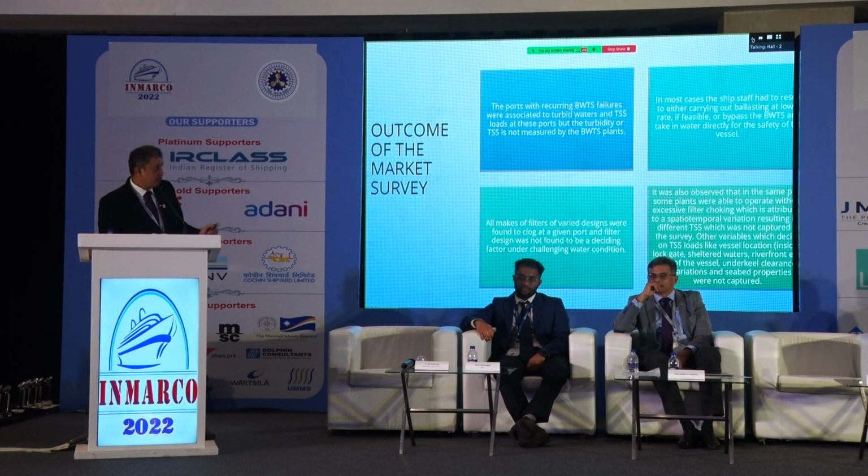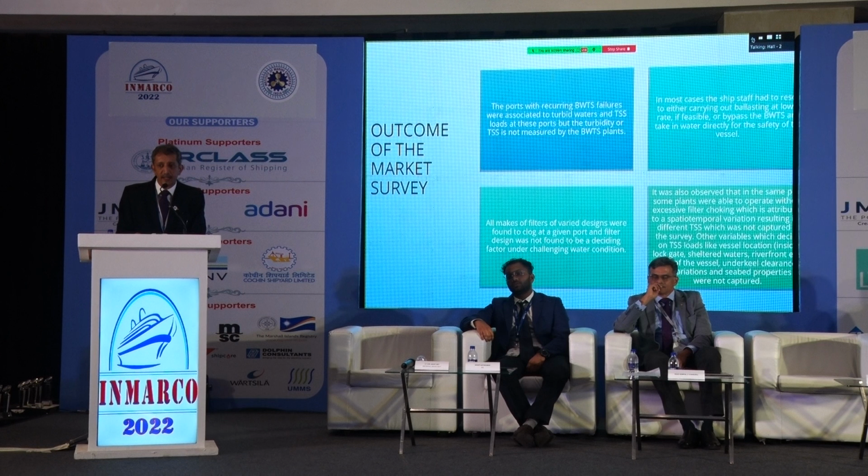So the outcome of the survey: first, ports with recurring ballast water failures are associated with turbid waters. That is, when we map where the plant is failing, where people are required to bypass, we find all these are turbid waters. A part of the statistics is already at MEPC, submitted by Intertanko.